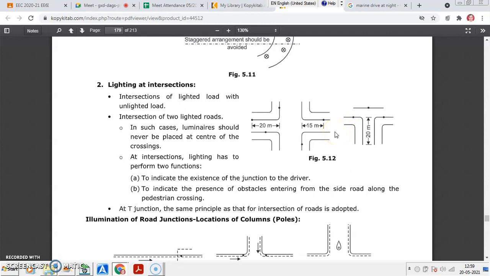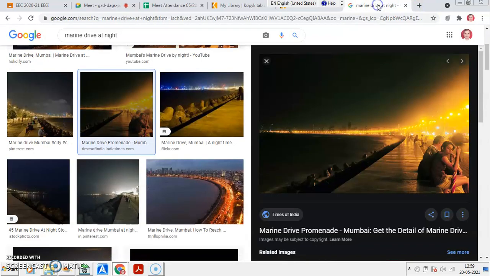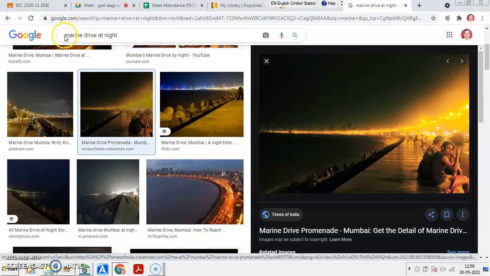So this is again a part of design. These are the guidelines, the standards laid down. While designing the system, you must see the pictures.